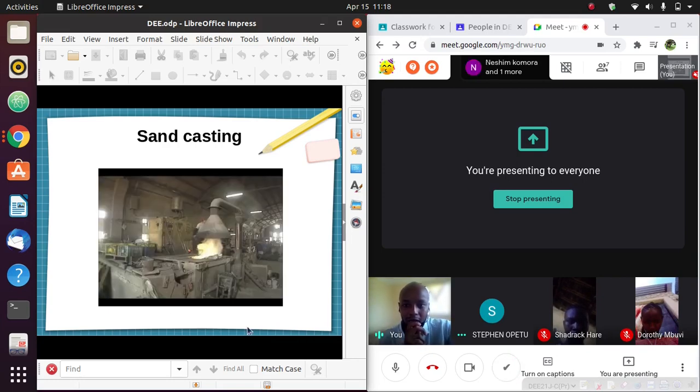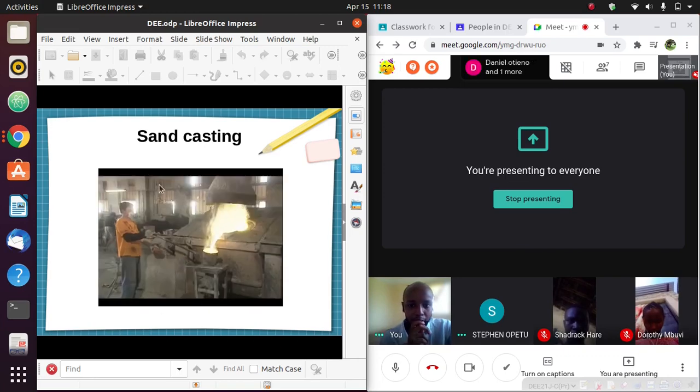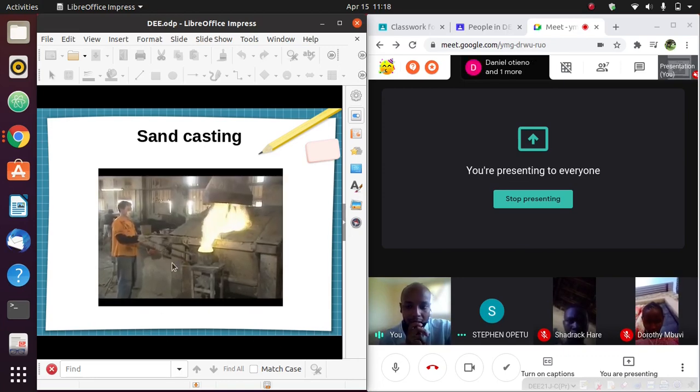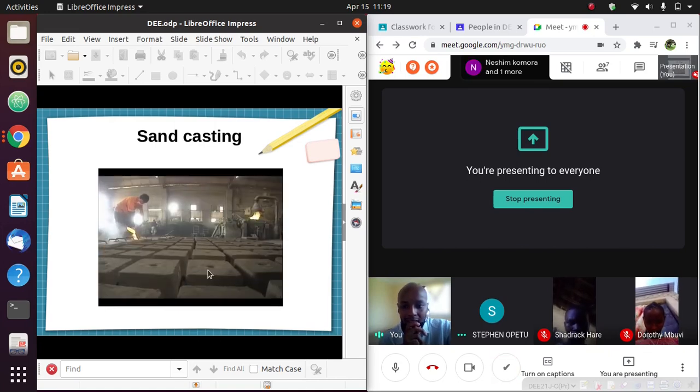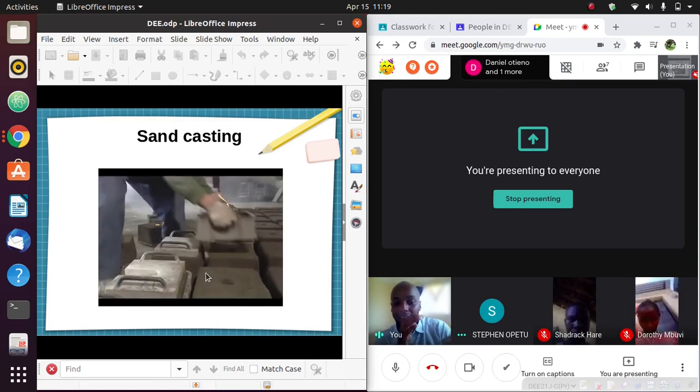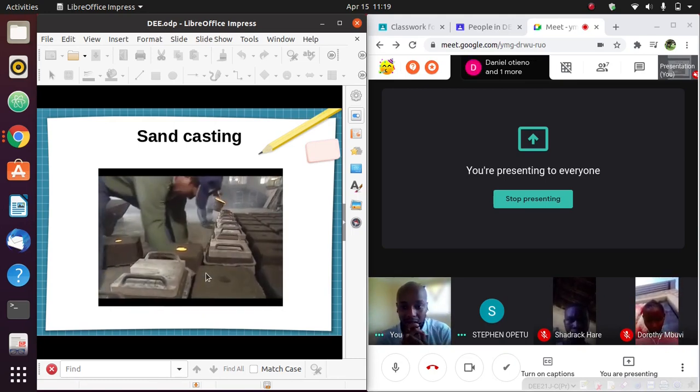So that when they go and pour this molten metal, metal that they heat until it becomes liquid, once they pour that molten metal into that opening, the molten metal will enter the sand and it will take the shape of that cavity.